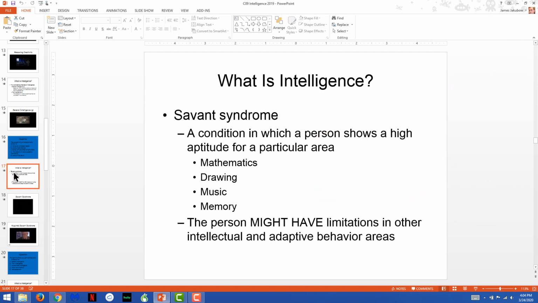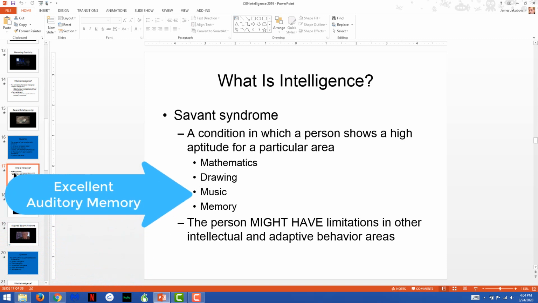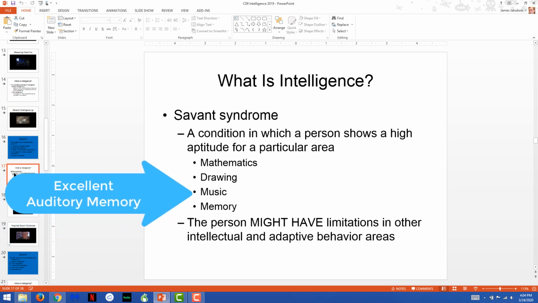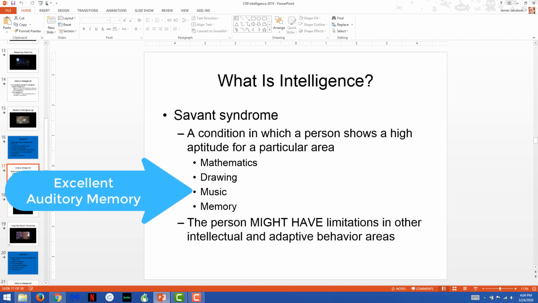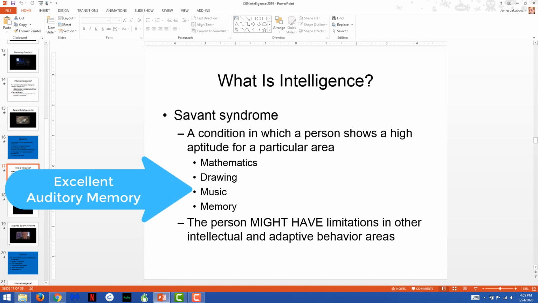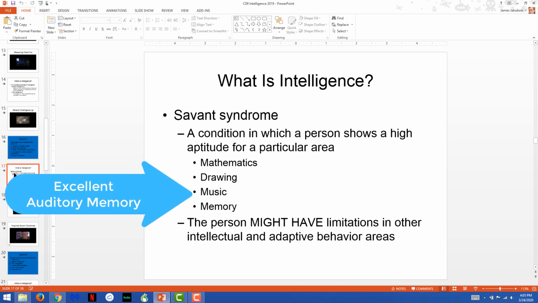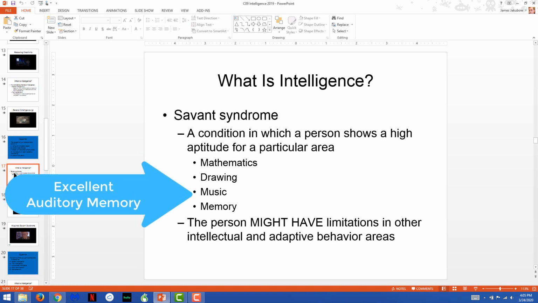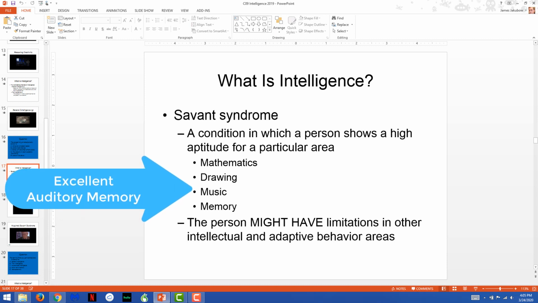Music takes place in the same way. A savant in music is an individual who will wind up being able to copy musical tunes on a piano or other musical instrument very rapidly with very little training or no training at all. But again, it is their ability to copy, not to create new types of musical scores or new symphonies, but rather simply the ability to copy.